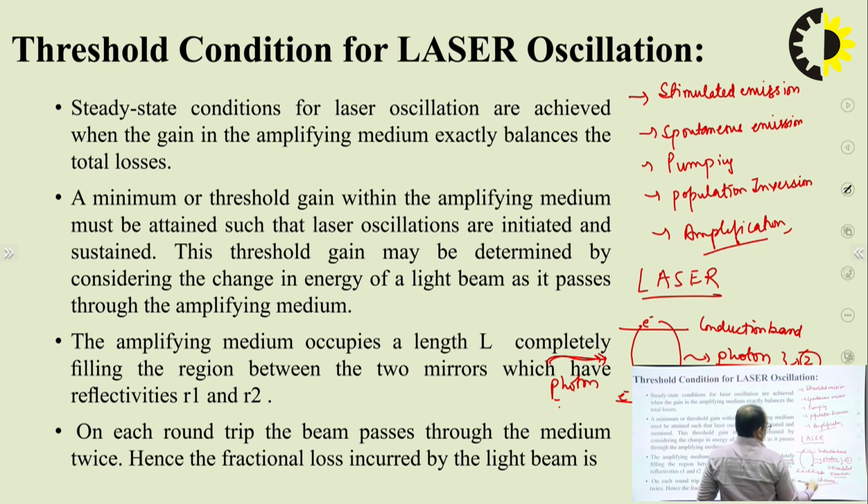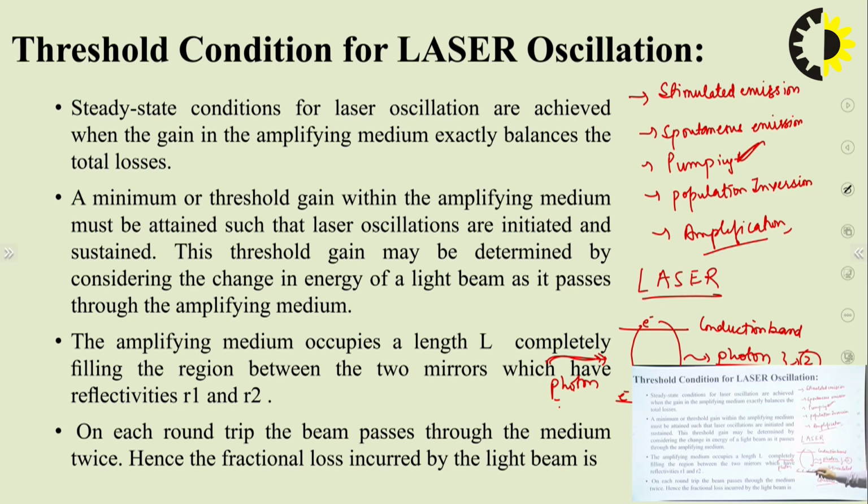to have more photons released, we should have a number of electrons in the conduction band. To have a number of electrons in the conduction band, we have to provide pumping, because when the number of electrons in the conduction band is more as compared to the valence band, only then is there a maximum probability of stimulated emission.